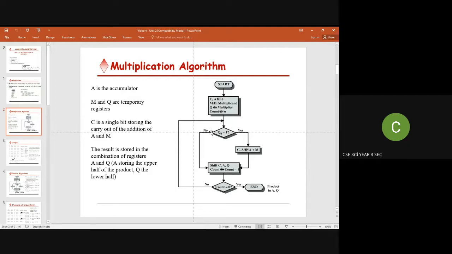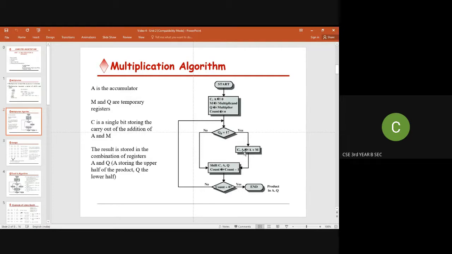Now, by using this flow chart, we are going to do the multiplication process. In the multiplier, we have to check the Q naught position. Q naught is the least significant bit, which means the last bit of the multiplier. If the last bit of the multiplier is 1, then there is no change in C, and for A we have to add A plus M. Initially, the value of A is 0 and C is also 0.